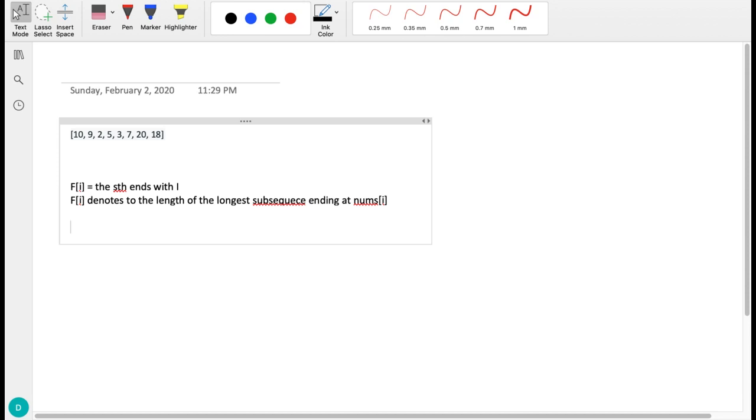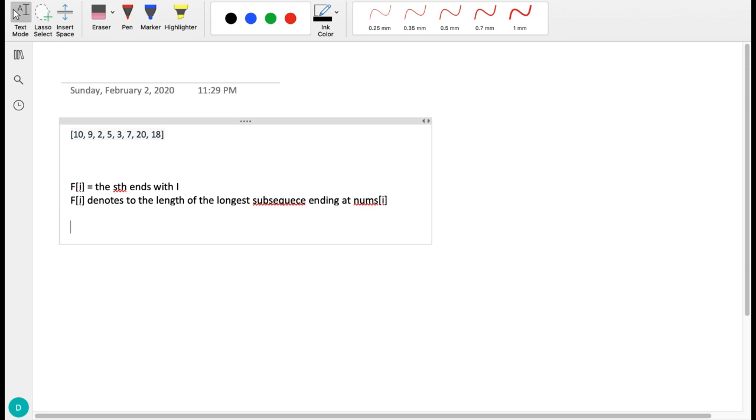What is its subproblem? If it ends with i, we need to find the element right before i. So we just search.